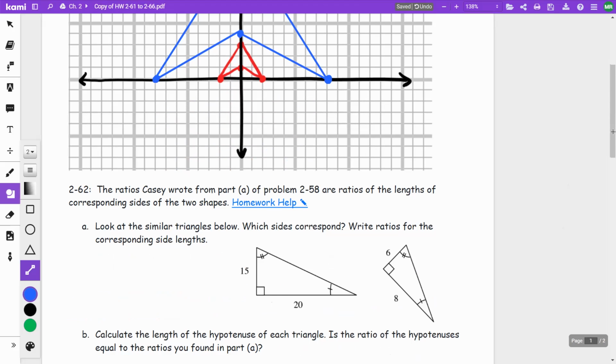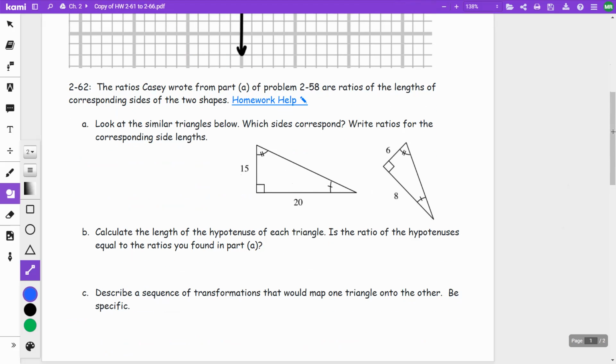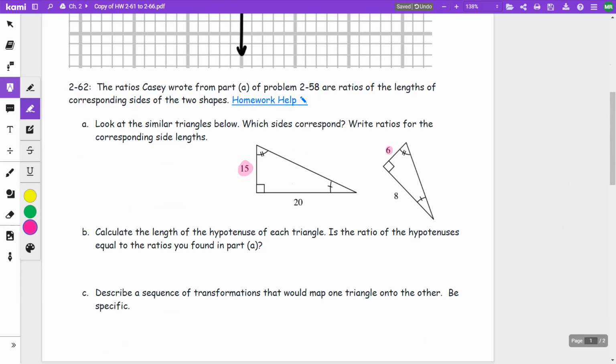On 62, the ratios that Casey had written for part A of problem 258 are ratios of the lengths of the corresponding sides of the two shapes. Look at the similar triangles below. Which sides correspond? Okay, so I'm going to color code. So 15 is going to correspond with the 6, and the 20 is going to correspond with the 8.